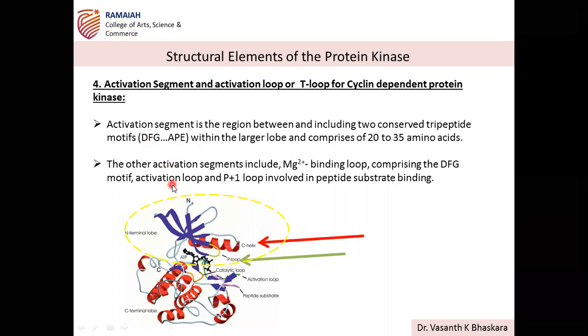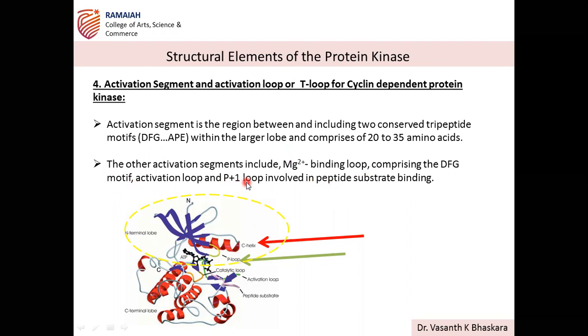The activation segment also includes the Mg2+ binding loop. Mg2+ is another important cofactor for protein kinase function, which we will come across in the next topic, the protein kinase reaction.